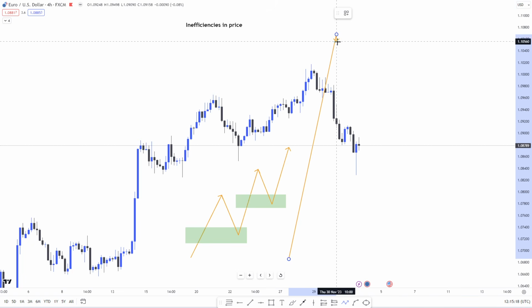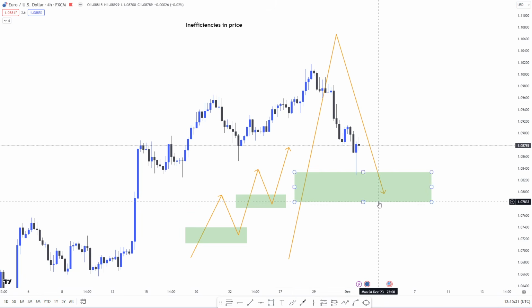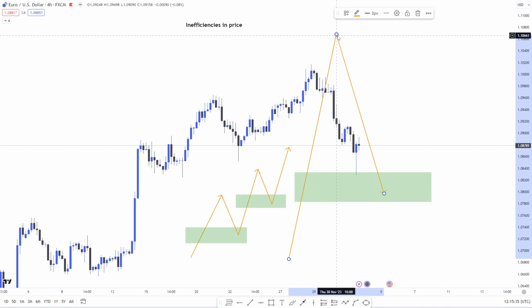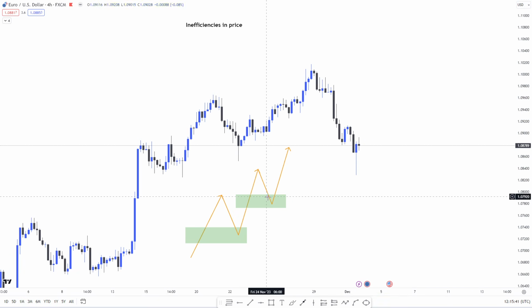Price always has to retrace at some point, and it retraces back down to discount levels such as premium discount levels. So it will come below the 50% of the range, usually into an area of inefficient price action and then push higher. But you're very unlikely to see a huge expansion that will last for days and days and days without some form of retracement into areas of inefficient price action.